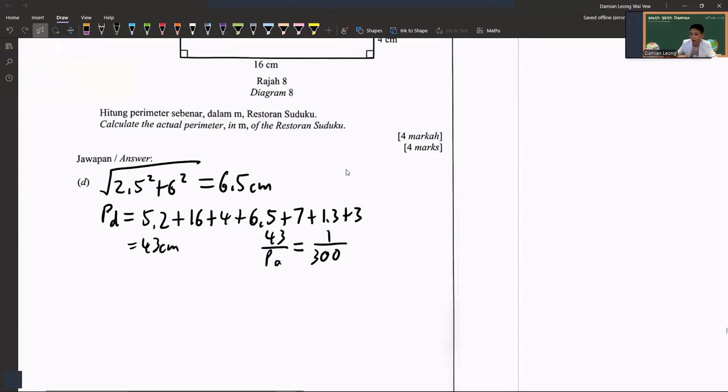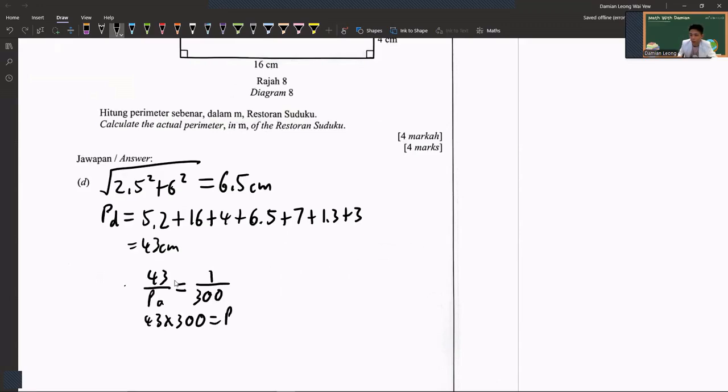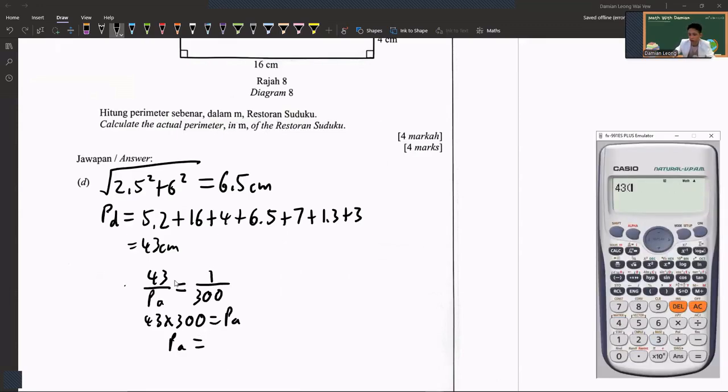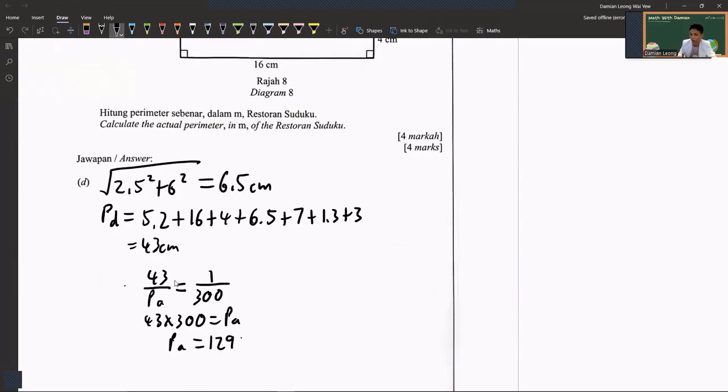So I can cross multiply. 43 times 300 equals the actual perimeter. 43 times 300 is 12,900, but that is in cm.